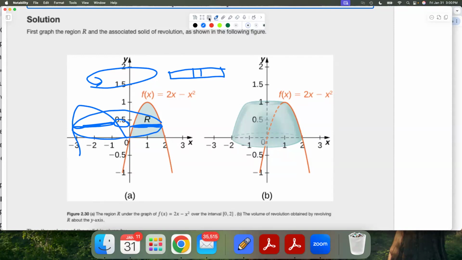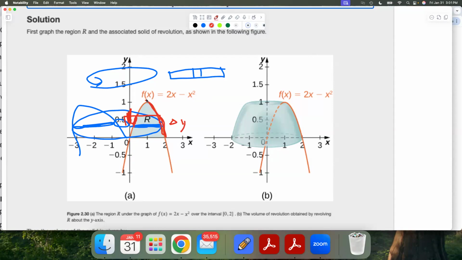Because if I tried this, my outer radius here would be the distance from the y-axis out to this side of the curve. And then the inner radius would be the y-axis to this side of the curve. And I would need both of those to be functions of y because I have some delta y as my thickness.